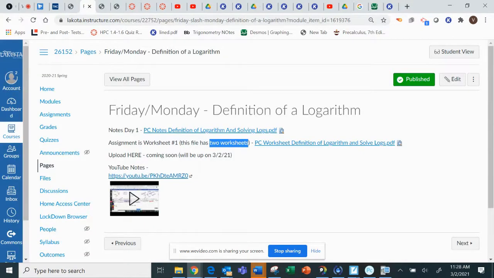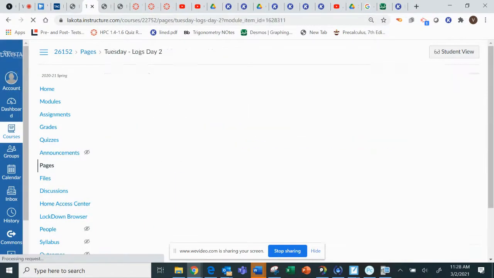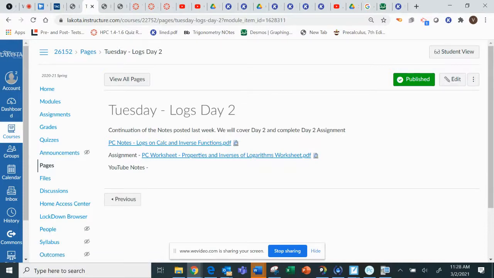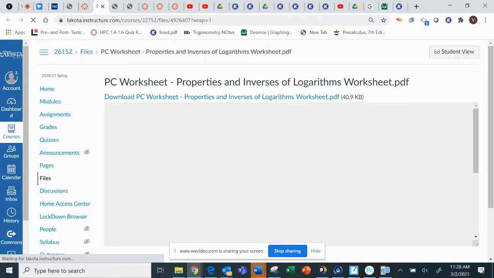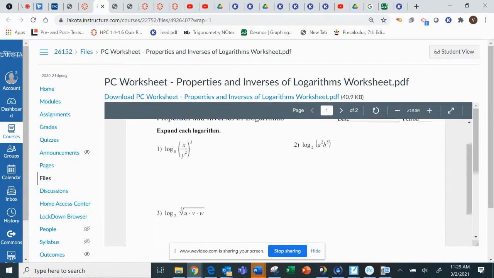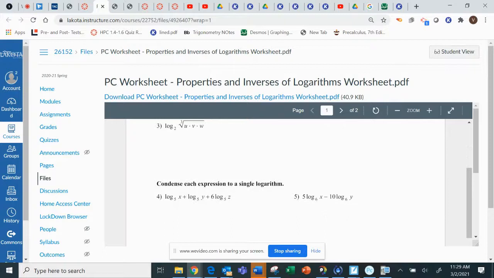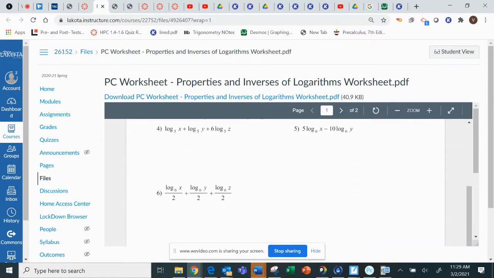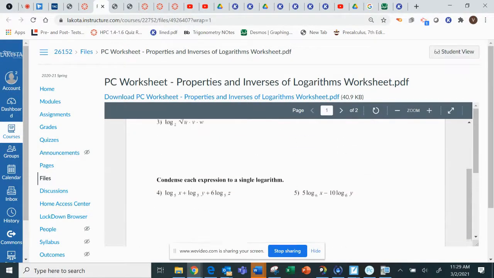And today you have a second worksheet. But you saw these go pretty fast. I will tell you that there's a couple challenging questions on this second worksheet. Numbers 1, 2, 3, and 6 are kind of challenging.